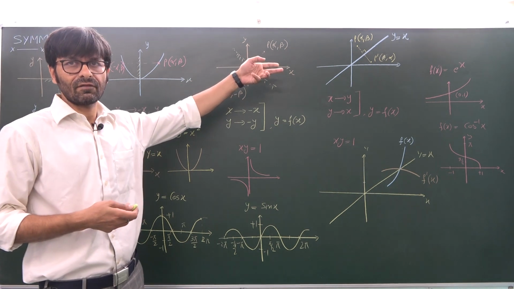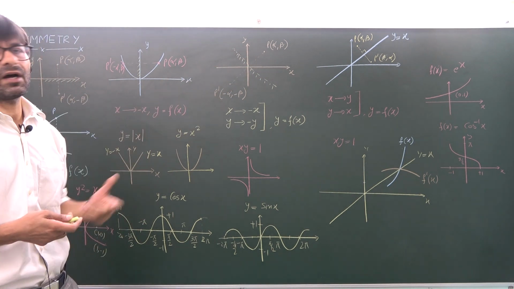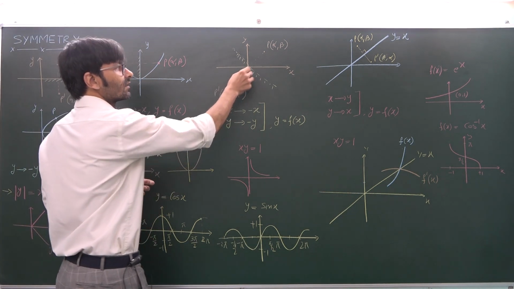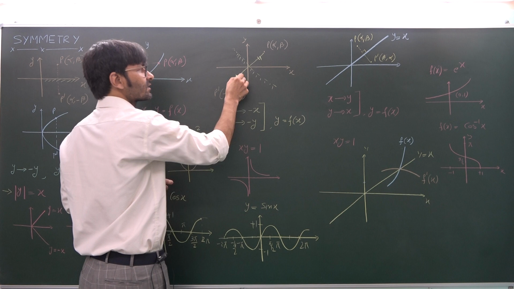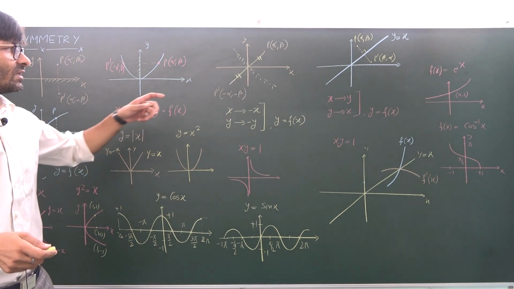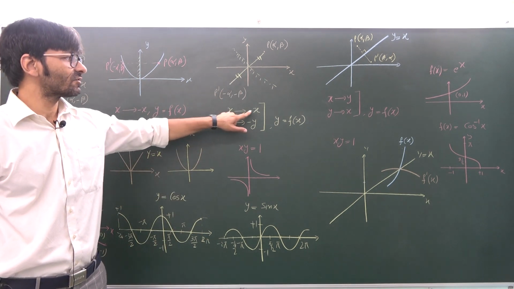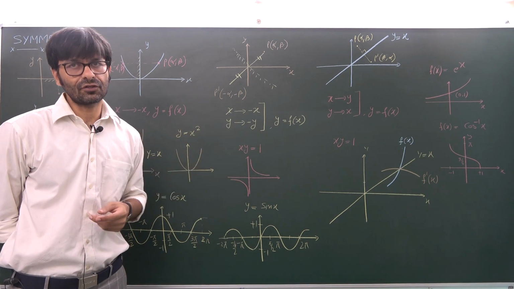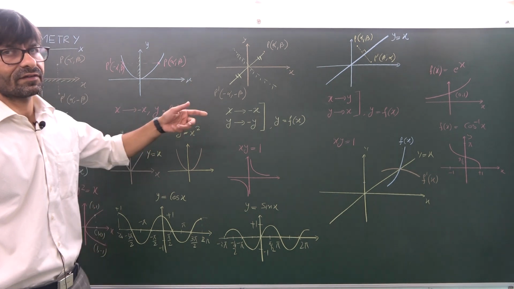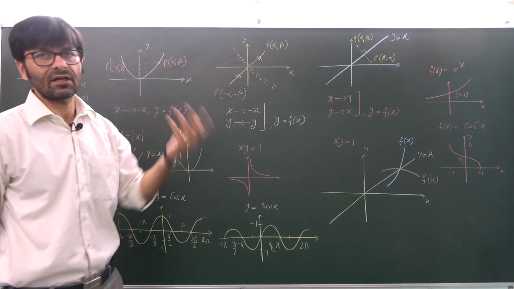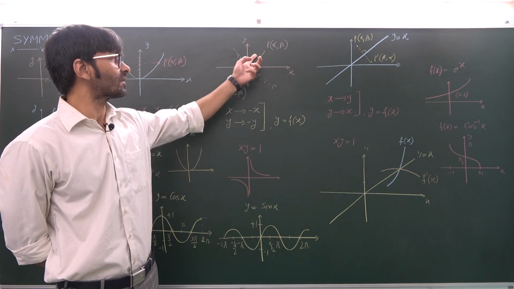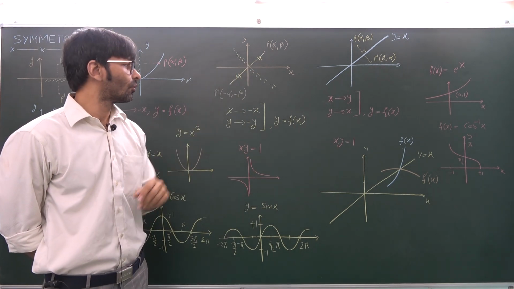If this point is alpha comma beta, this is minus alpha comma minus beta, which means these 2 distances are the same. So if we replace x with minus x, simultaneously y with minus y, and the function remains y equals f(x), the graph is symmetrical about this line. In other words, we say the graph is symmetrical in opposite quadrants, first and third, and second and fourth.